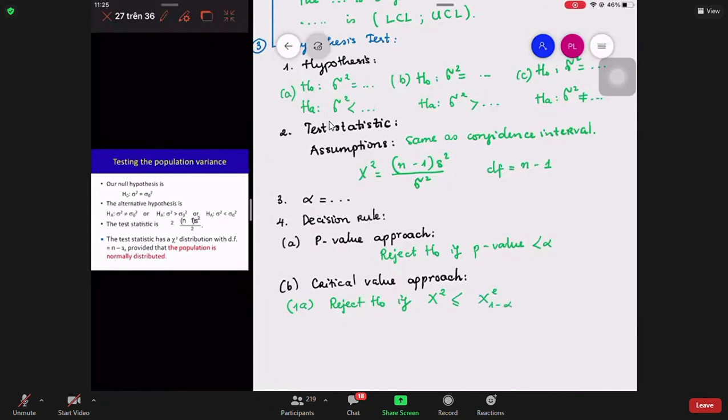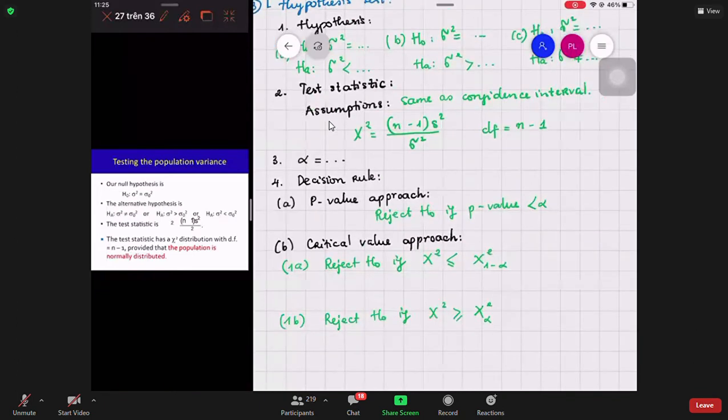For 1B, we will reject the null hypothesis if the value of chi-square greater than the value of chi-square alpha.